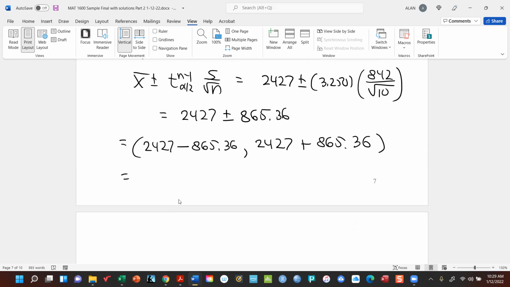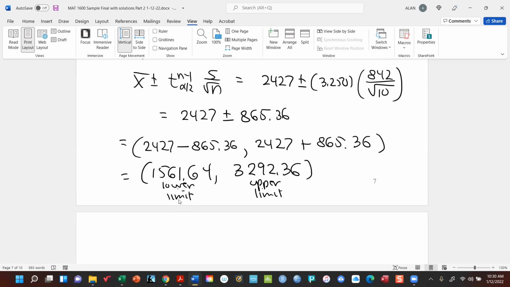So let's do that. 2427 minus 865.36 is 1561.64, the lower limit of this interval, and the upper limit is 3292.36. Okay, so think of this as the lower limit, and this is the upper limit.